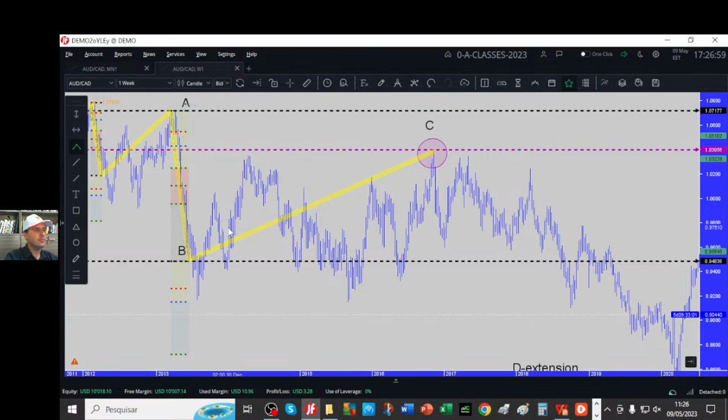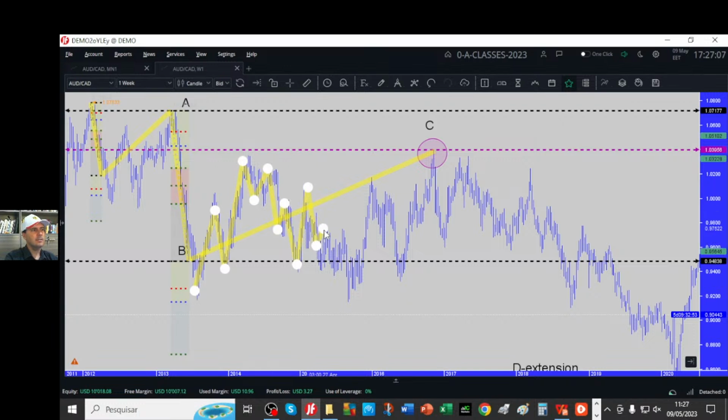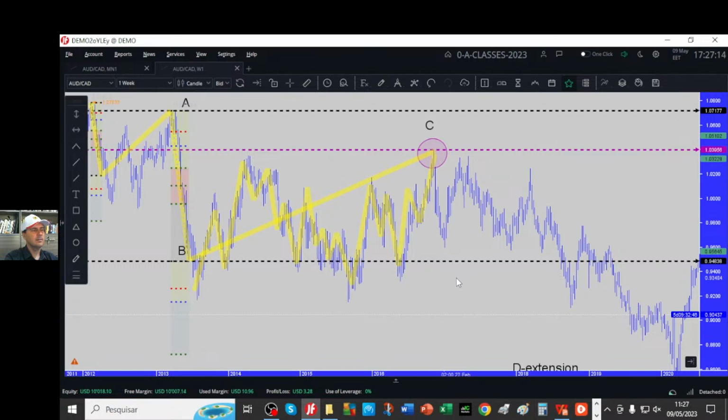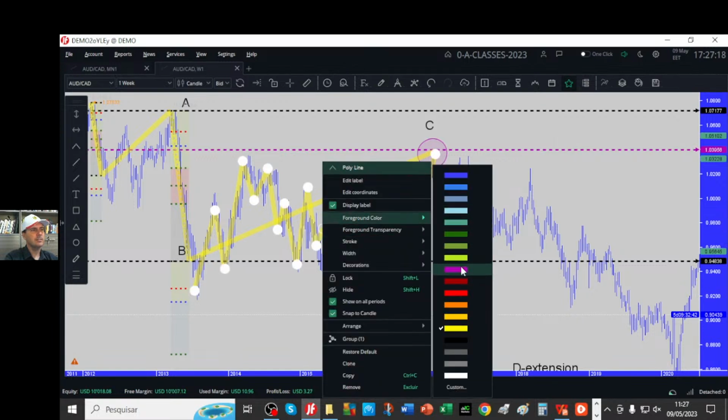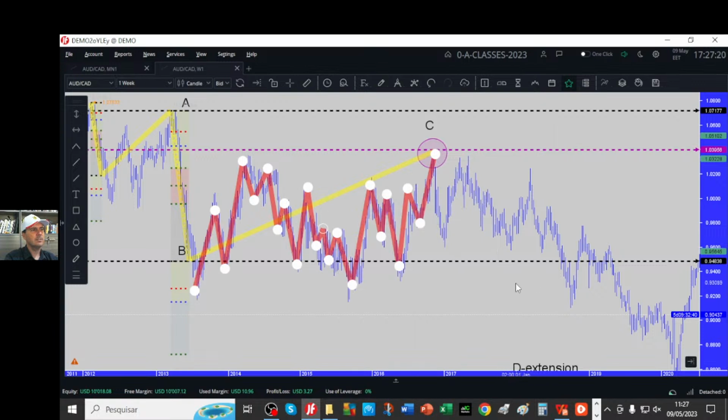From B to C, everybody, all of this price action, it was a retracement. Make sense? From B to C, all of this price action, red, this was nothing more than a retracement. Make sense? And the market never hit the D extension.